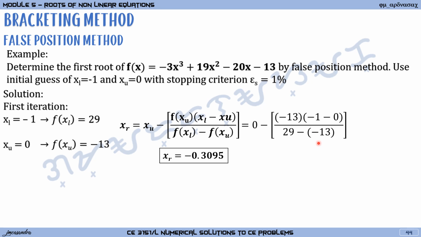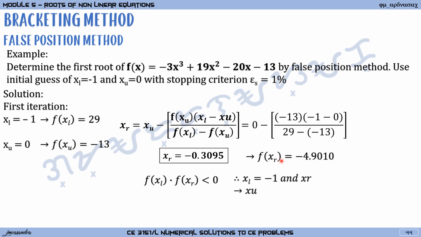0.3095. Okay, so with that, we compute for the function of XR, which will give us negative 4.9010. Okay, so we now check the product of the function of XL and the function of XR. That's 29 times negative 4.901.